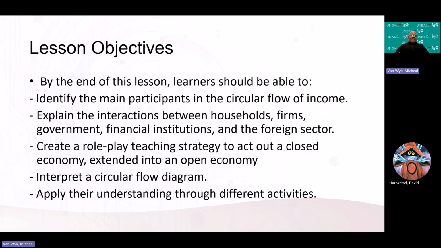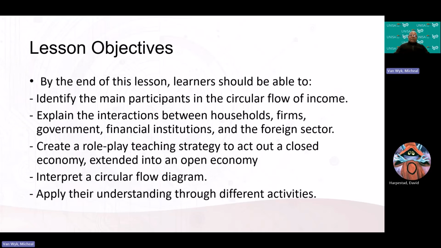Secondly, you will see the interactions between households. Some of you will know another concept for households: consumers, right? Then we also have firms, that is your businesses or corporates. Then we have our governments.